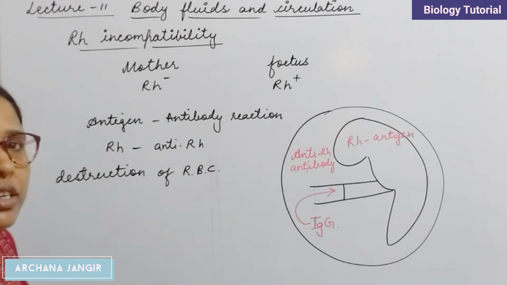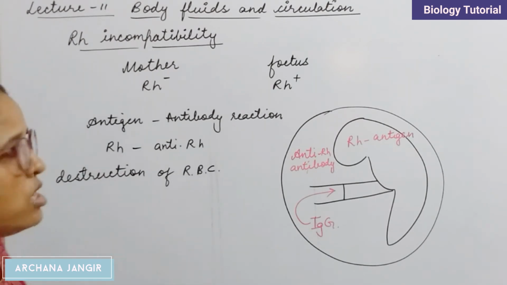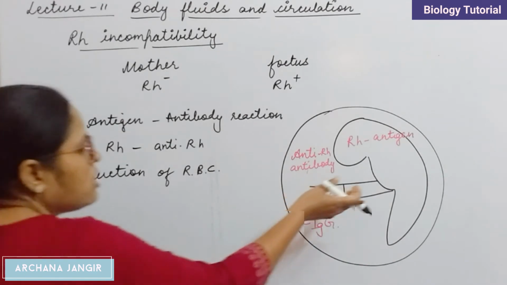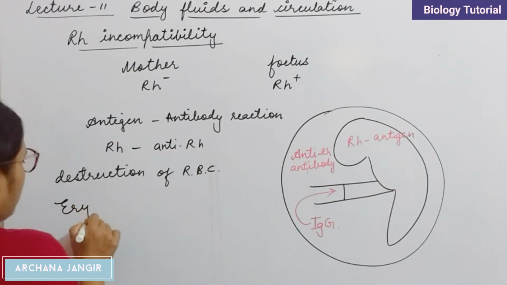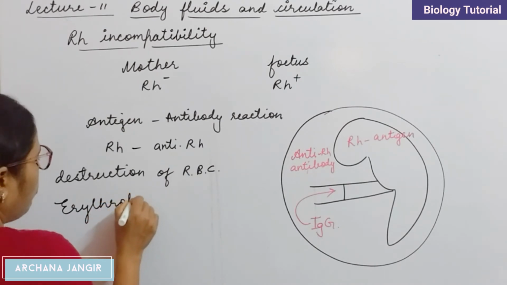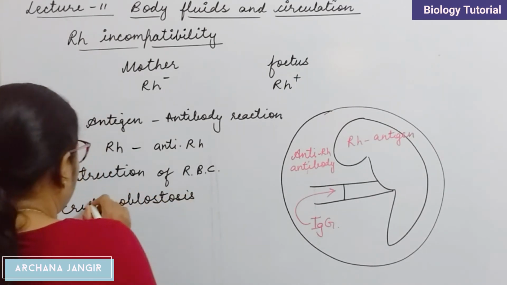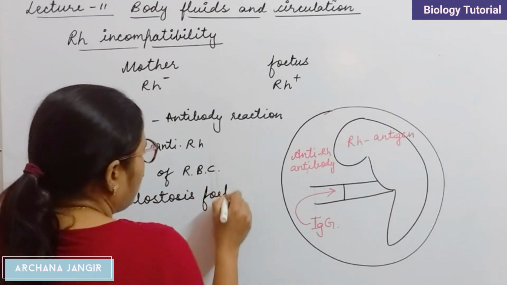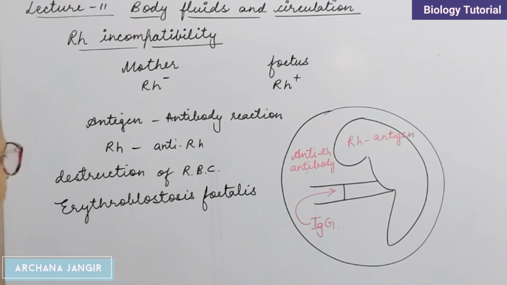What will happen here? Destruction of RBC is taking place continuously. So the fetus is going to have a disease. That disease is called erythroblastosis fetalis.